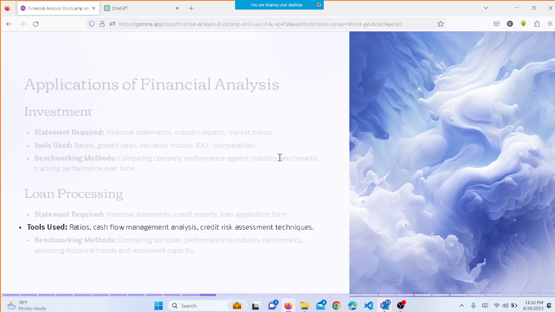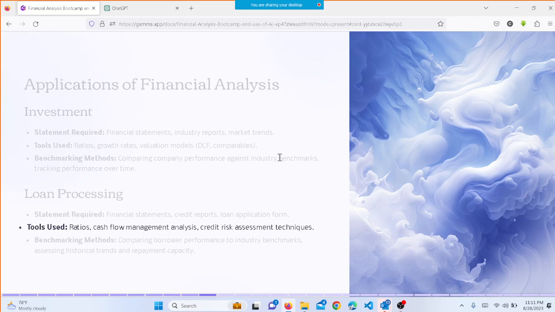In loan processing, or debt processing to be precise, cash flow is one of the very important tools. Cash flow is also important in investment analysis for carrying out valuation principles and techniques, but that's not the only basis of investment. For loan processing, cash flow is the key.